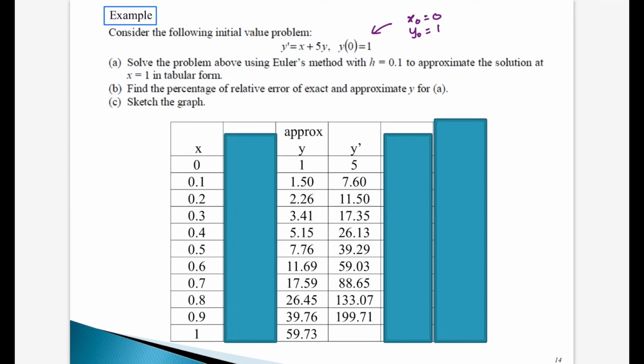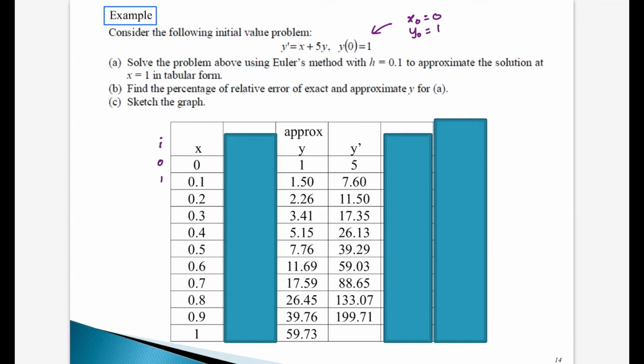Solve the problem above using Euler's method with h equal to 0.1 to approximate the solution at x equal to 1 in tabular form. And then find the percentage of relative error of exact and approximate y, and sketch the graph. Let's complete the result in table form. This is your x.